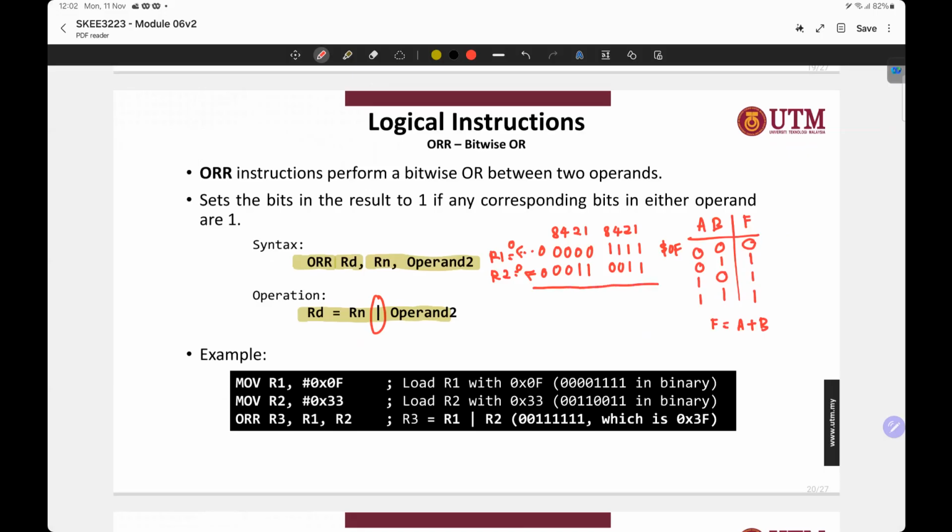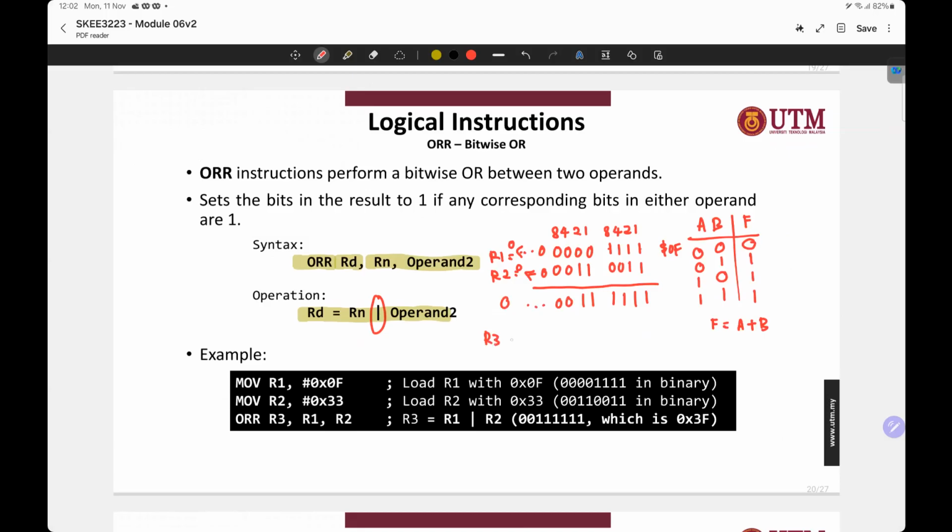The logical OR says that if one of the inputs is 1, then the output will be 1. The first bit, bit 0, 1 OR with 1, you will get 1. 1, 0 also gets 1. 0, 1 is a 1. 0, 1 also 1. And the rest will be 0.